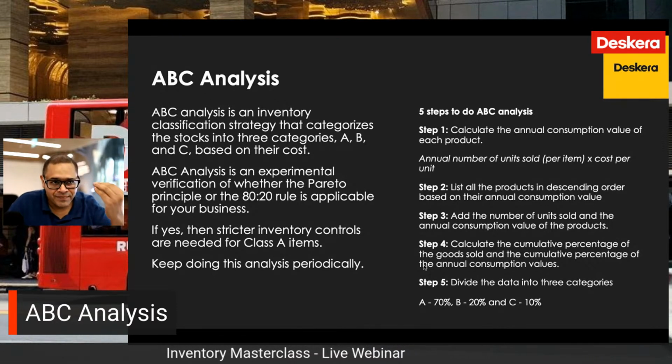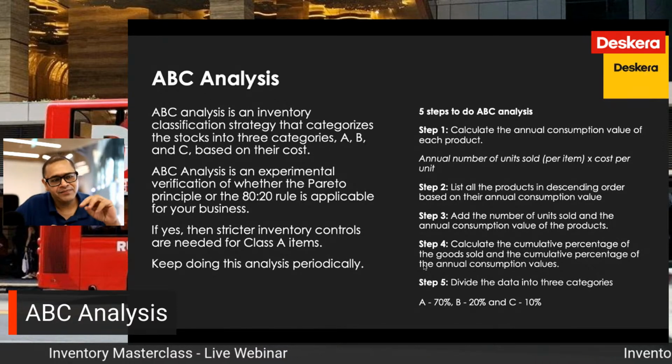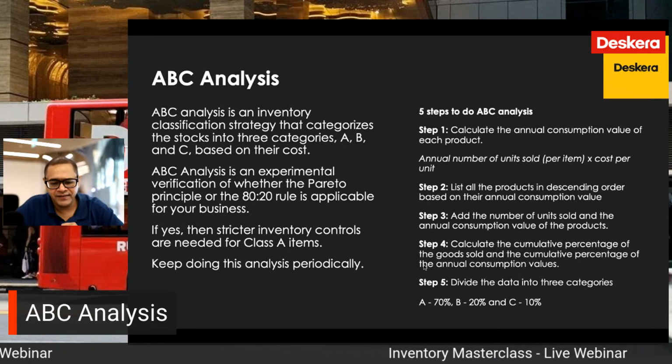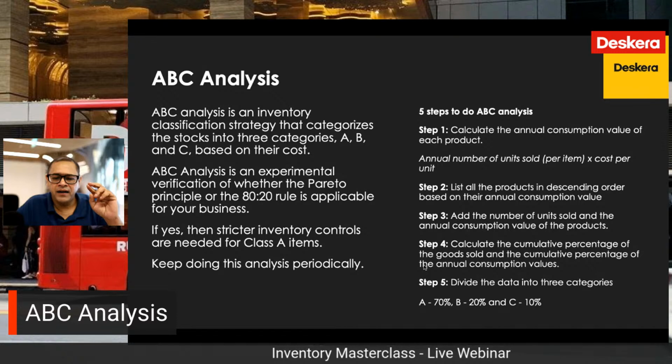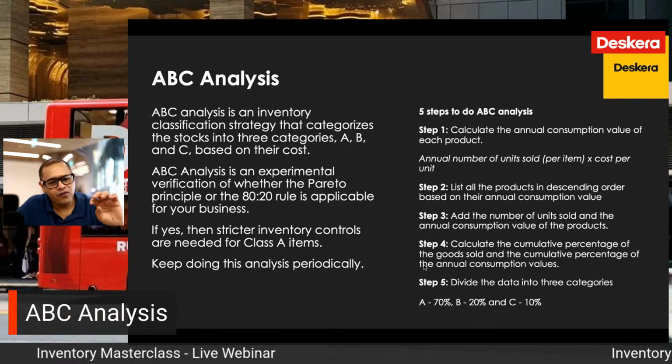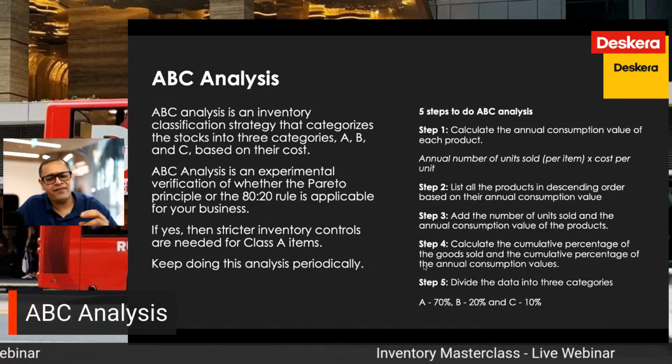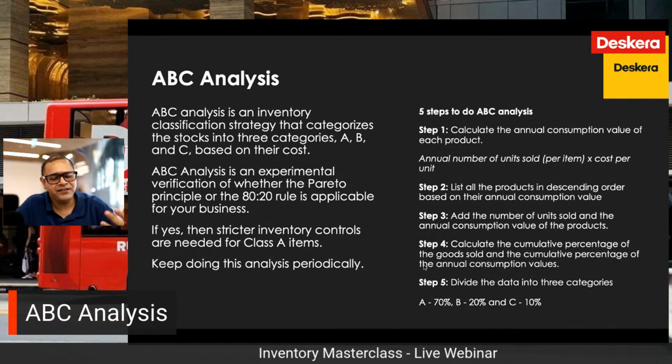Now we can do something similar for inventory, which is called ABC analysis. What we do is look at inventory from a consumption perspective. How fast is your inventory getting consumed? Which is effectively another way of saying how fast you are selling your inventory.